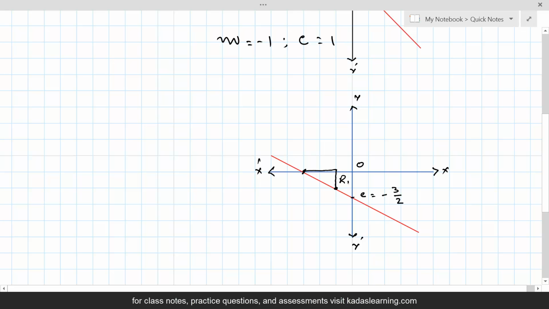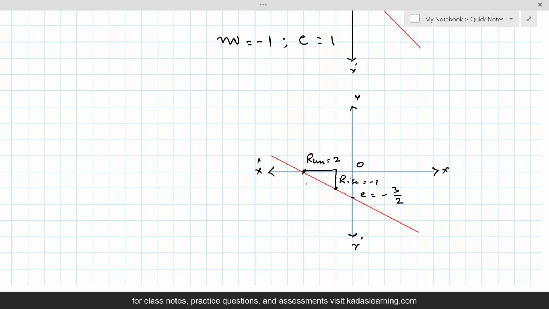Here rise is equal to -1 because we are going down if we start from here, and run is equal to +2 because we go 2 units toward right. That's why run is positive, and rise is negative because we are going down.